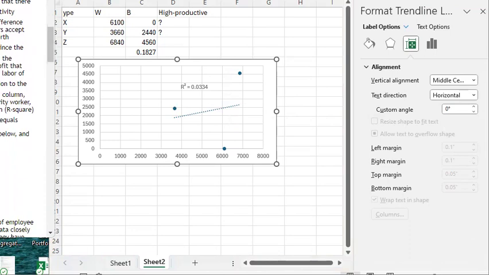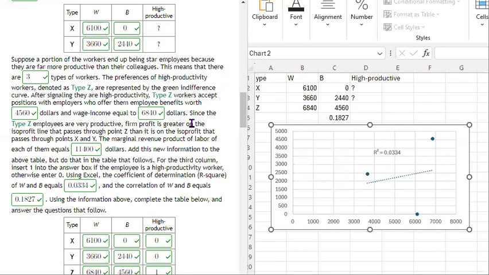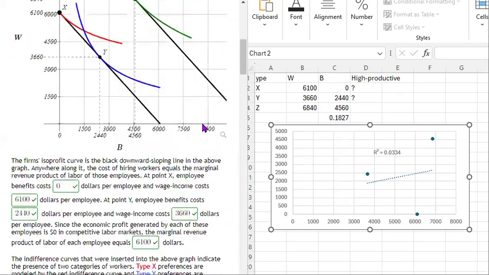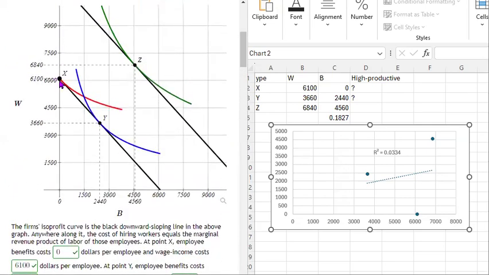Now, why did it fall apart? Because if we're only looking at type X and Y employees, we're going to observe this point and that point. Well, then there's a trade-off between monthly wage rate and benefits. But if we include the Z-type employees in this study, something's shifting.